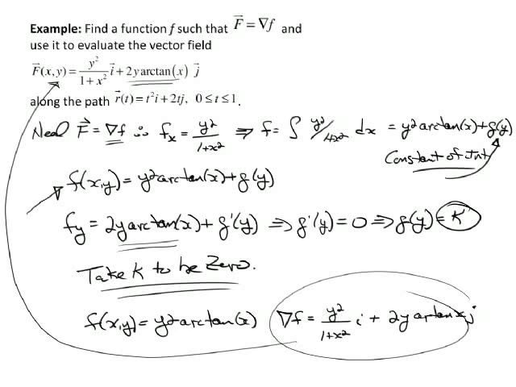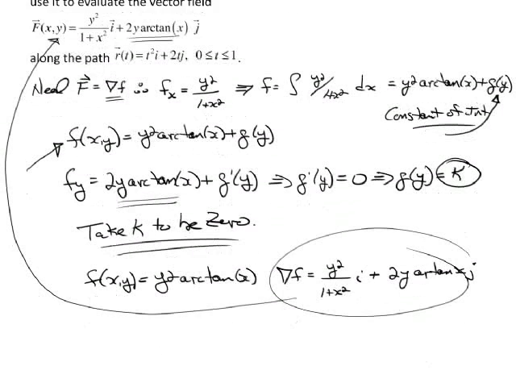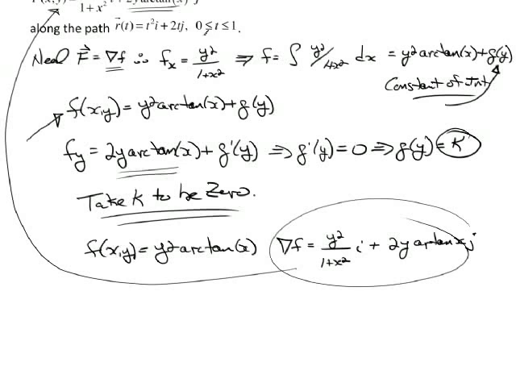So now that I found that, I can use the fundamental theorem of line integrals, and I can simply evaluate over this curve by only being concerned with the starting and ending points. Notice the starting point is when t equals 0. When t equals 0, the initial point is r of 0, which equals (0, 0).